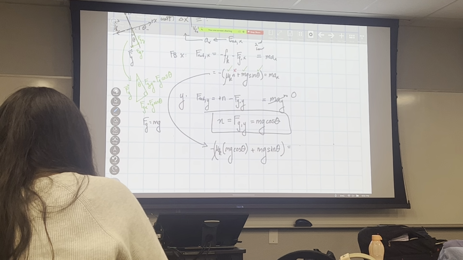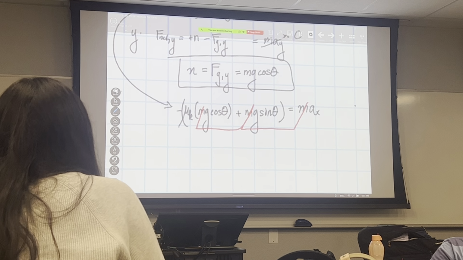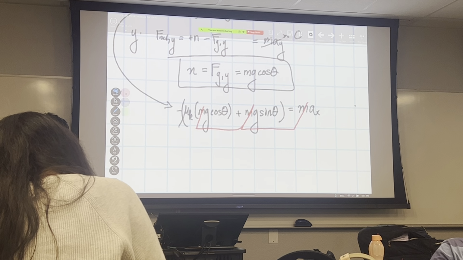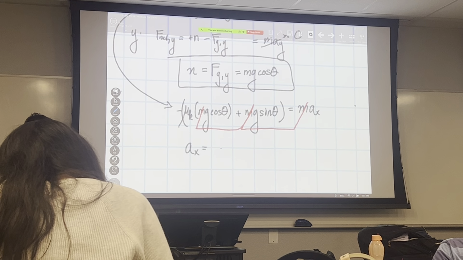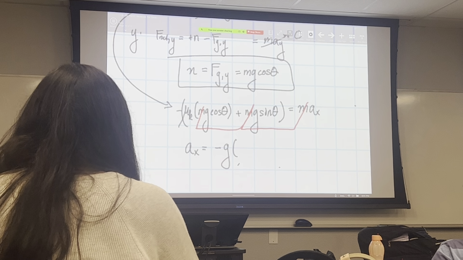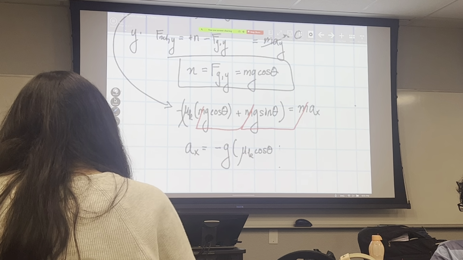And you can see that each term has mass, so we can cancel out a mass term. And so then the acceleration is equal to negative. We can see that both of the terms here have a g, so we can factor that out of the expression as well. So it's negative g times mu k cosine of theta plus sine of theta. And this is the acceleration value.